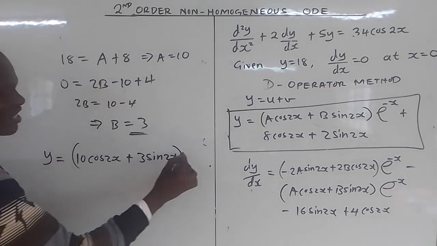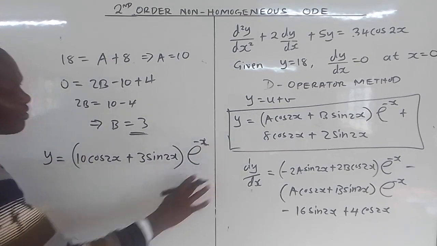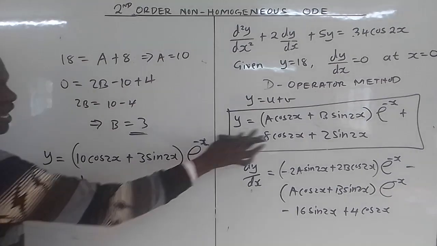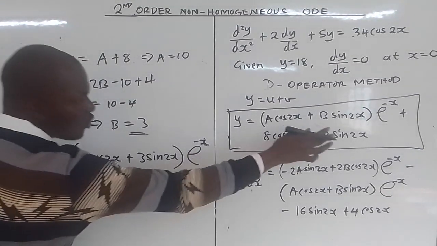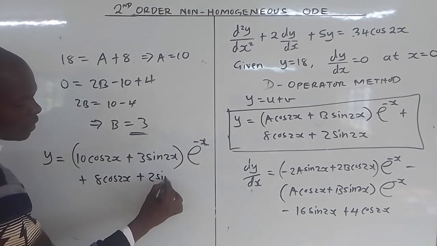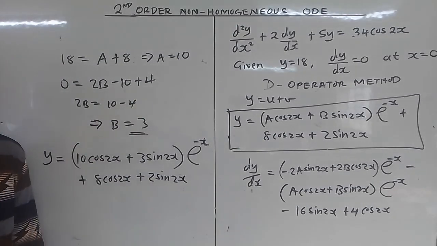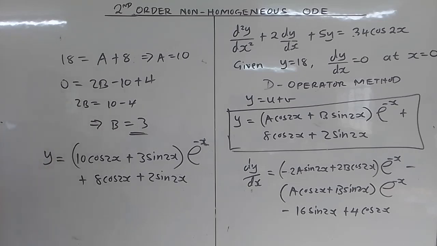Then the whole of that is multiplied by exponential negative x. Then it is plus 8 cos 2x. Then it is plus 2 sine 2x. And you have solved the differential equation using the method of undetermined coefficients. So that is how to handle such kind of problems.